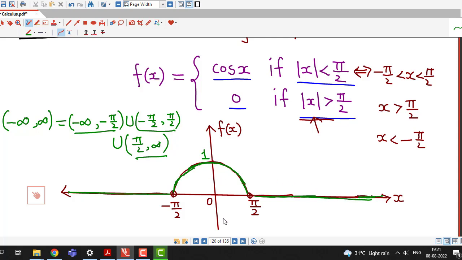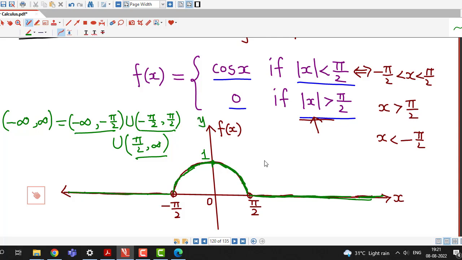And if we observe this graph, it is symmetrical about y-axis. The graph of f(x) is mirror image of this part. Okay, we can compare these two parts. This part and this part are mirror images of each other, or graph of f(x) to the right side of y-axis is same as the graph of f(x) to the left side of y-axis.